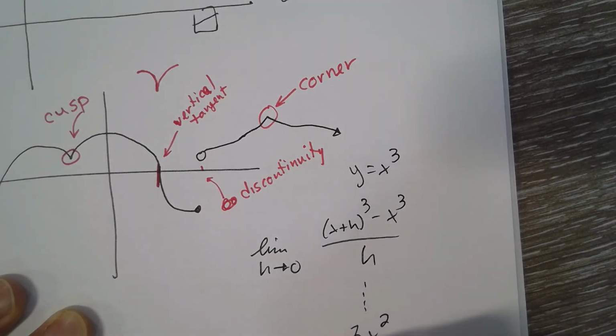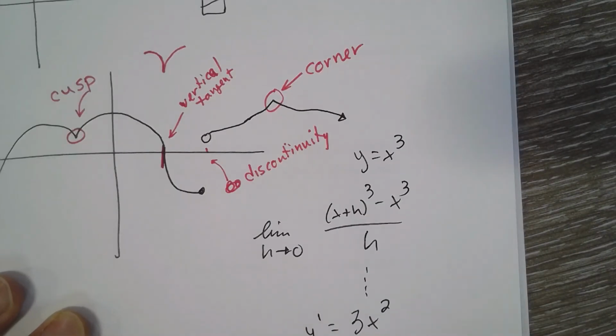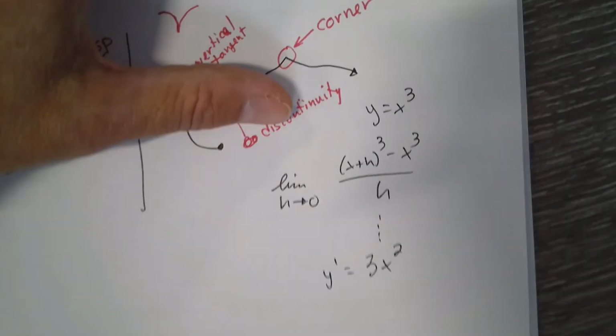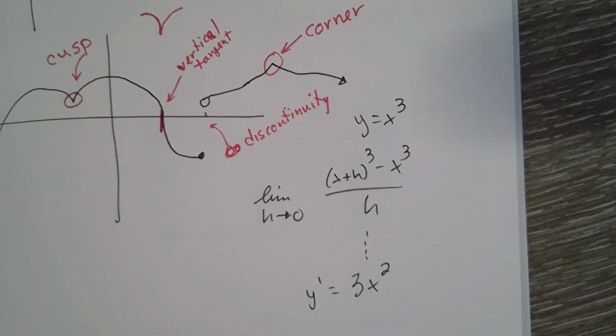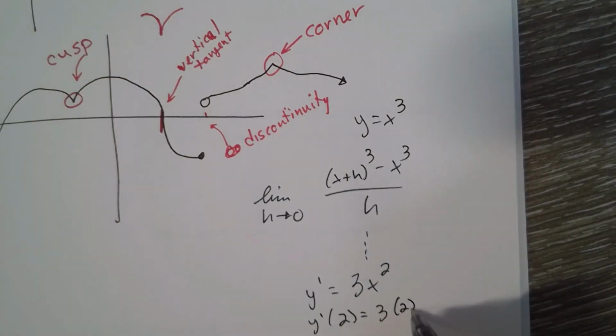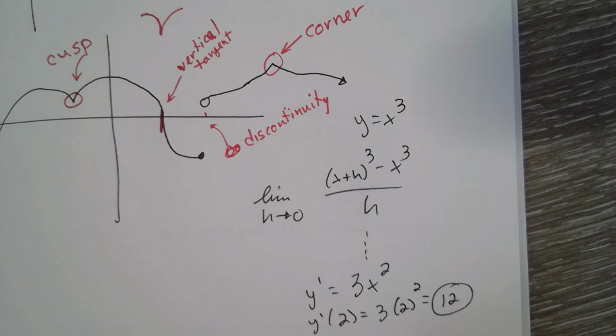That's what our derivative is going to be. Y prime is 3x squared if you went through all that algebra. So if I wanted to know y prime of 2, it would be 3 times 2 squared, which is 12. So the answer is 12.